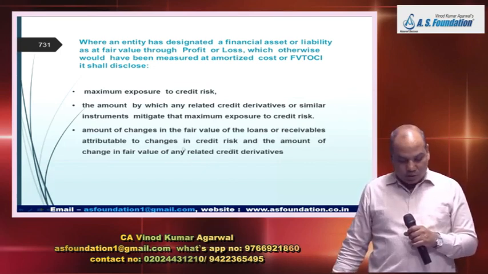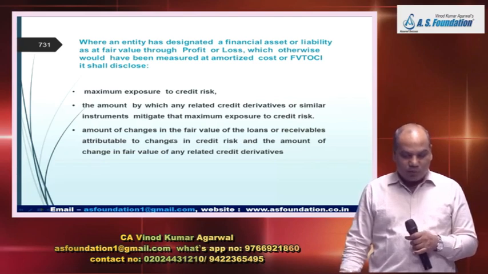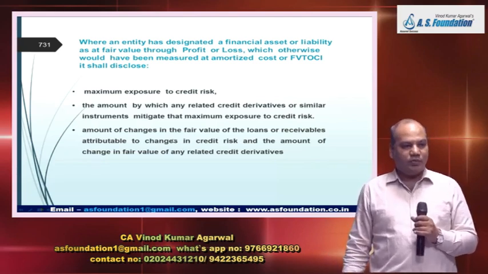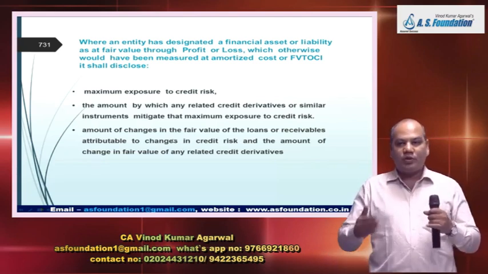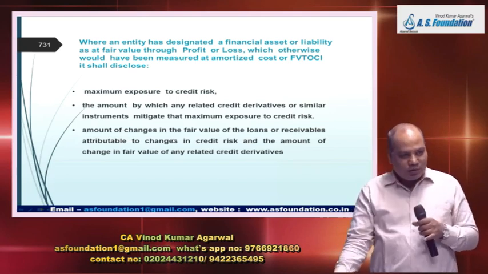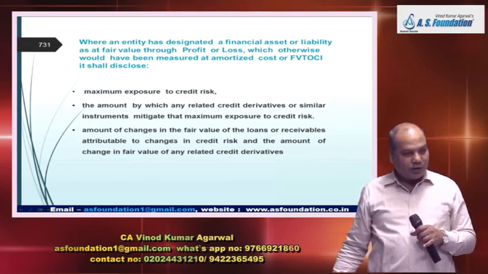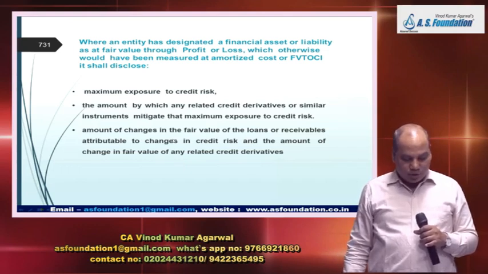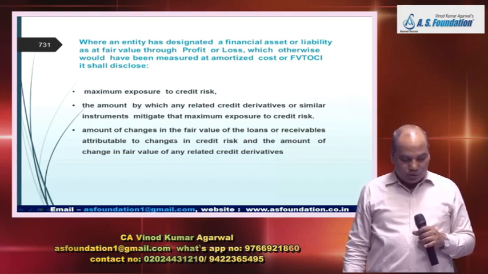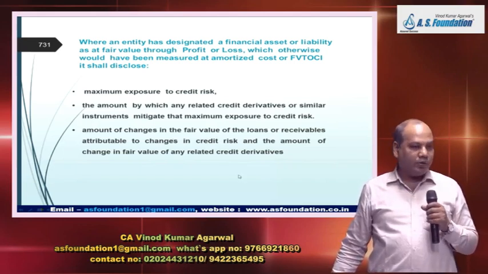And point number 3, the amount of change during the period and cumulatively. Amount of change during the period means this year. Cumulative means from the inception till the end of this year, in the fair value of the financial asset attributable to changes in credit risk, and the amount of change in fair value of any related credit derivative.